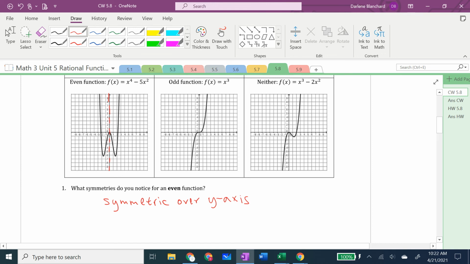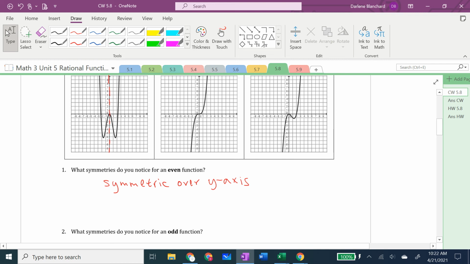Now, when something is symmetric over the y-axis, if you pick a positive number for x, let's pick 1, and then you take the opposite of that number, -1.